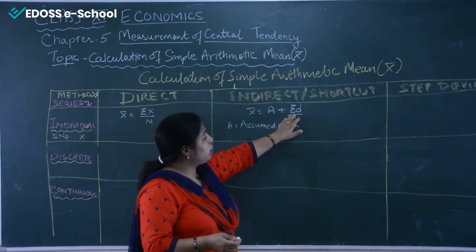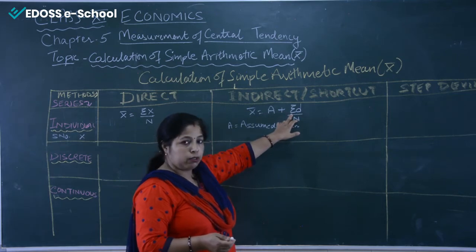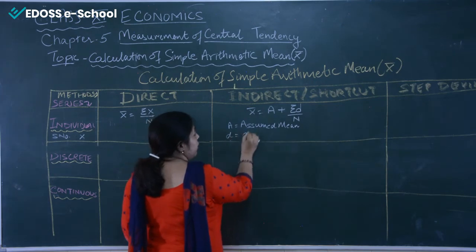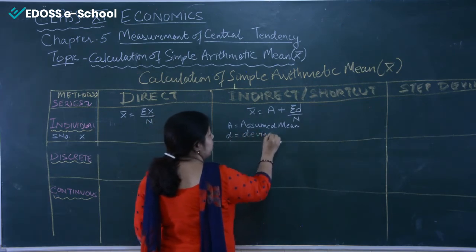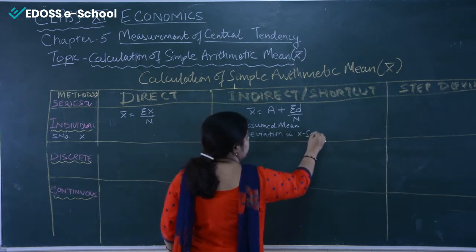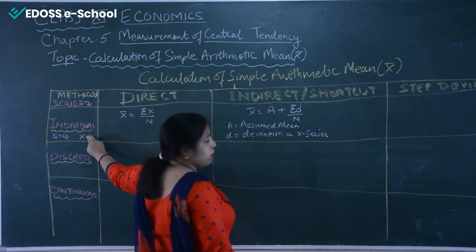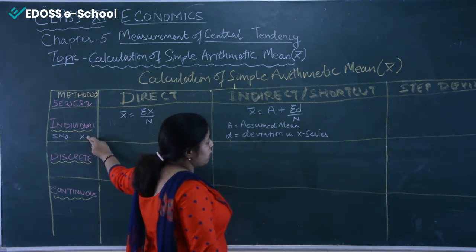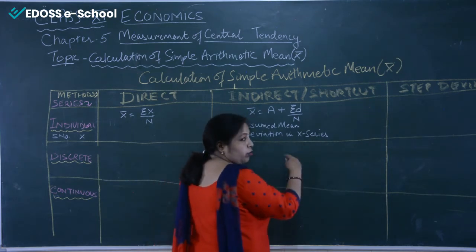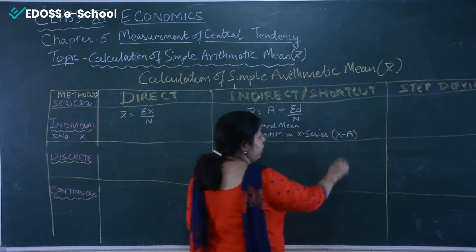Coming on to summation D. Summation means total, as you all know. Now D. D is deviation in X series. We are going to give deviations in X series. X is the data or the question which is given to us. The formula to give deviation will be X minus A. How we will give deviation?